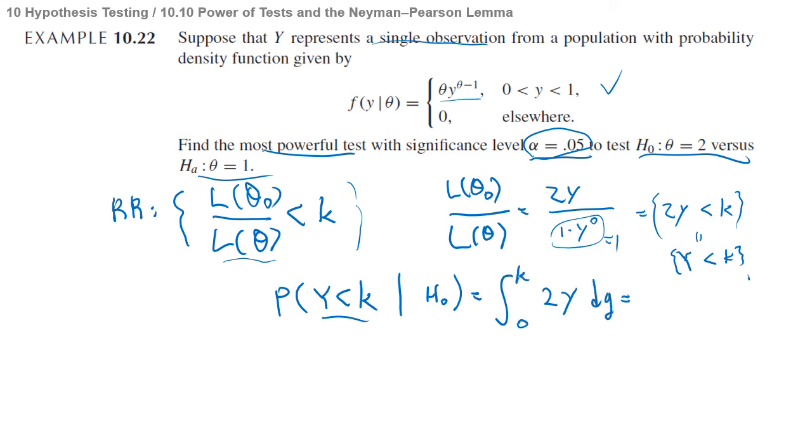This is y squared from 0 to k, which is k squared, and this is alpha, which is 0.05.